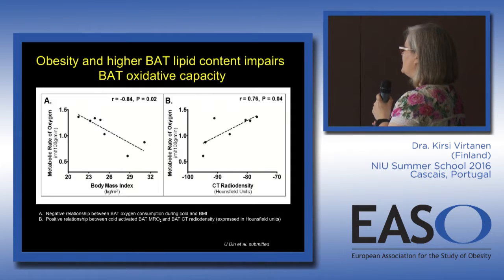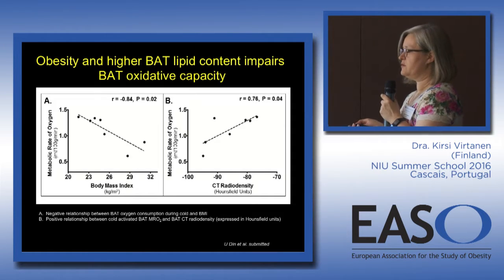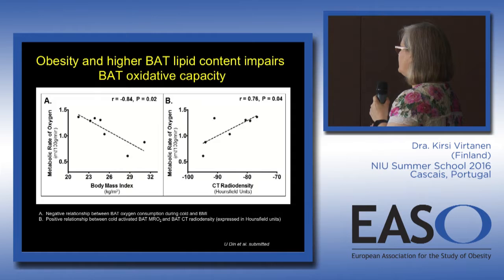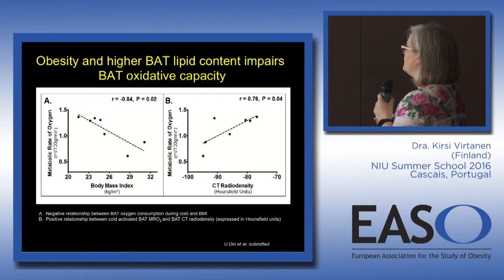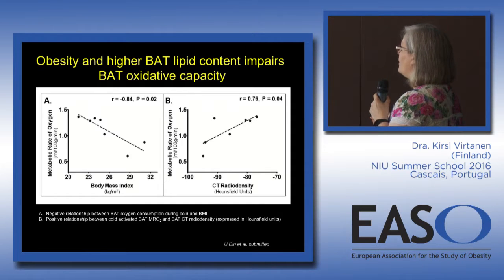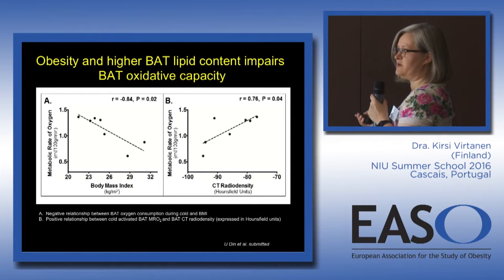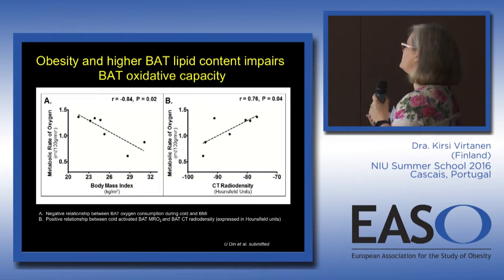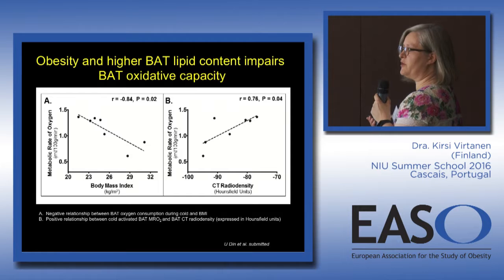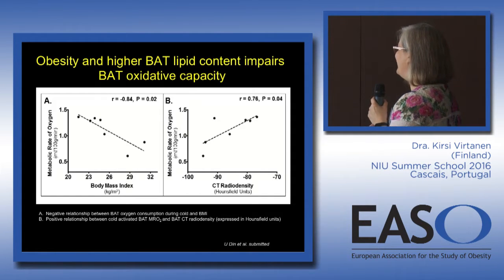This CT radiodensity is based on computed tomography, where the tissue density, the Hounsfield units, the lower the radiodensity, the less there are triglycerides. So these are the fatty brown adipocytes, and these are less fatty adipocytes.